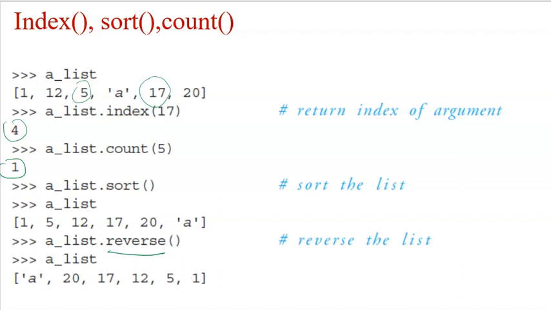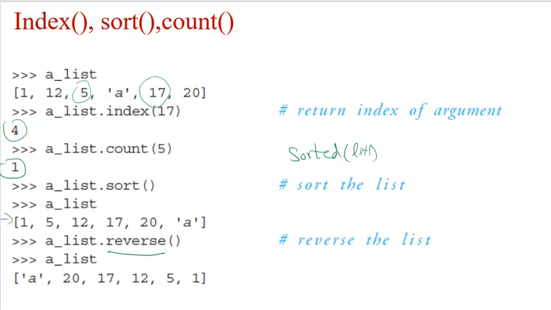An important thing to remember: if you use the dot sort function, it changes the original list. You don't have to redefine it or give it another name. But you can also use sorted, and then the list name, list 1, let's say, and that is not going to change the original list.